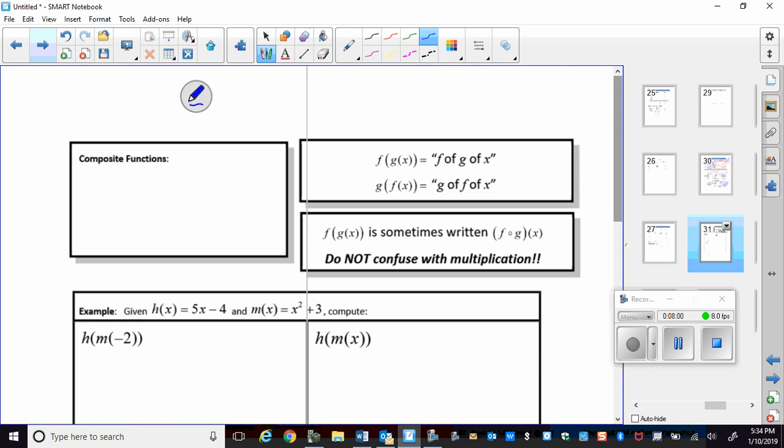All right? Now, for the compositions of functions. When we compose a function, it's like substituting a function inside of another function.